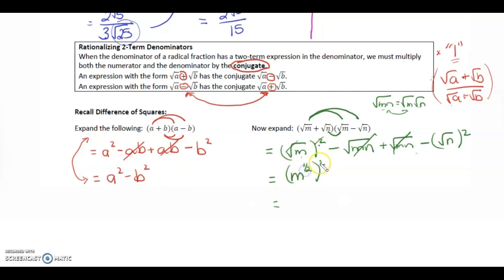And we know power of a power, 1/2 times 2 is just 1. So we're left with m. And now minus, this root n would be written as n to the 1/2 and then squared. Again, 1/2 times 2 just gives us 1, so m minus n. So m minus n is the expansion of this right here.